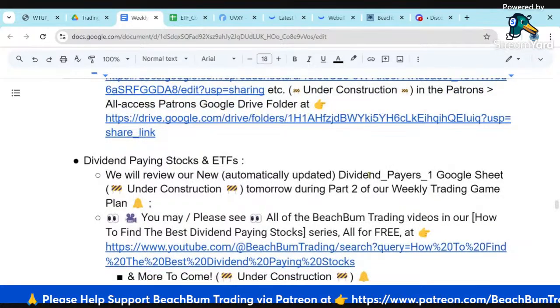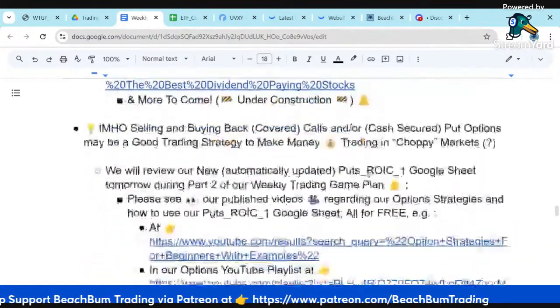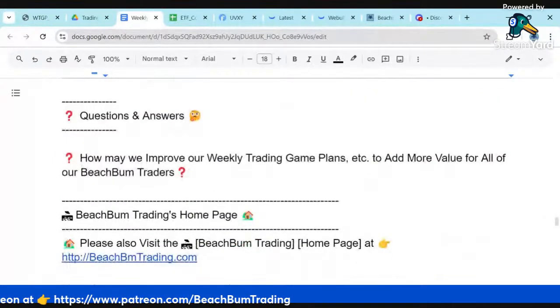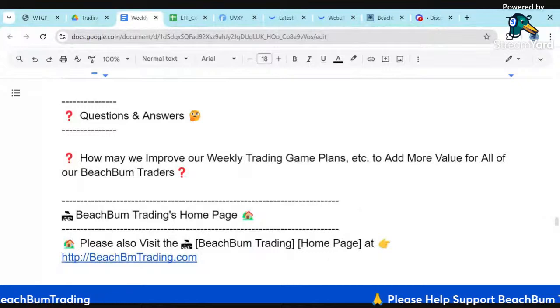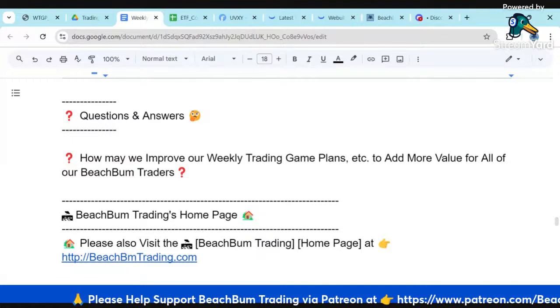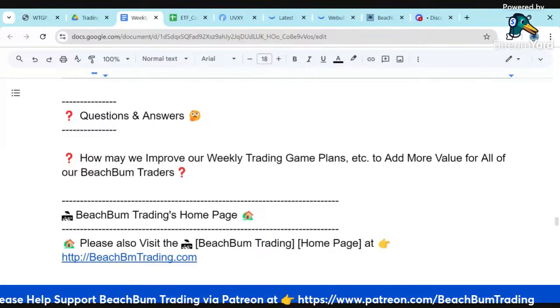So tomorrow we'll also talk about how we can use dividend-paying stocks and option strategies to make money trading as stock market volatility comes back and in general. So let me grab a quick drink and see if there's any outstanding questions or topics you all want to discuss or any ETFs you want to look at, and we can talk about those.